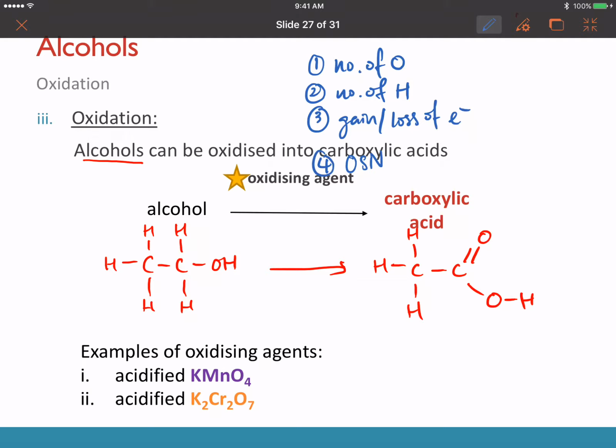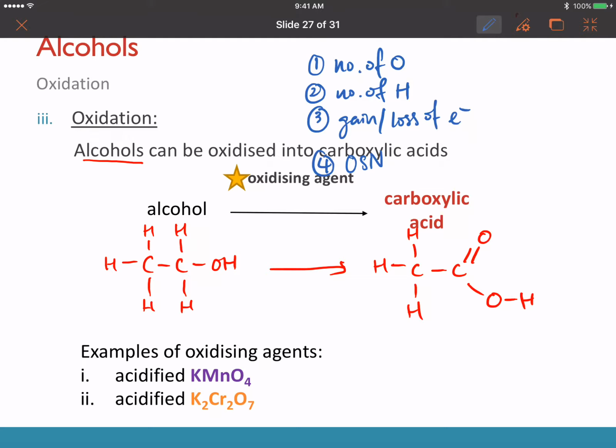Right? So how can we tell that alcohol in this case has been oxidized? Okay, there are two ways. You can see that the number of oxygen atoms has increased from one oxygen atom to two. We can also say that there are fewer hydrogen atoms, but usually we go by the more straightforward way, which is that the number of oxygen atoms has increased.